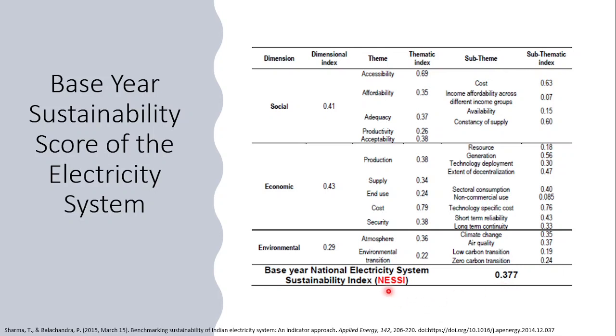So in the base year, I think 2013 was the base year for this study, the sustainability score was 0.377, so it is only 37.7% sustainable. They measured this and reported this. So how do we improve on this?